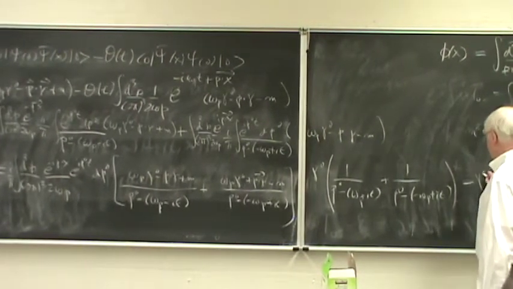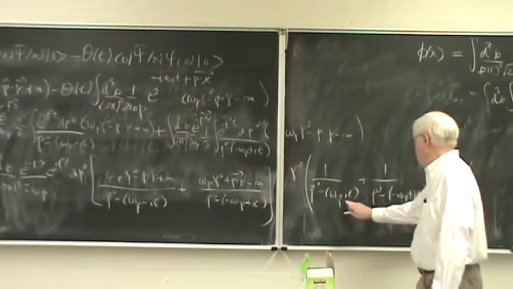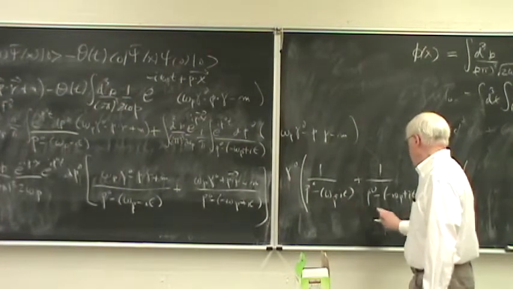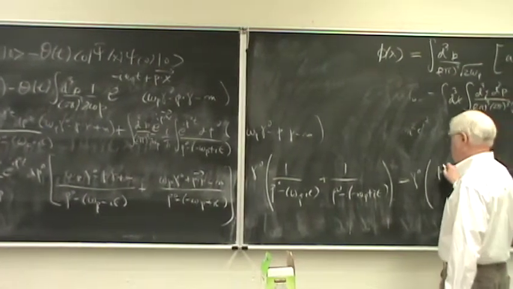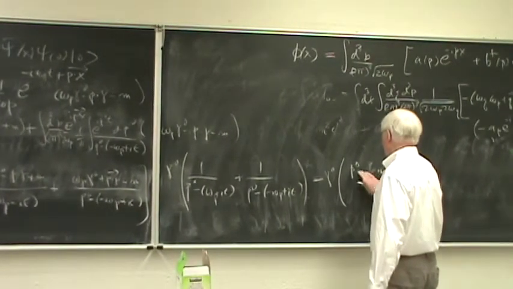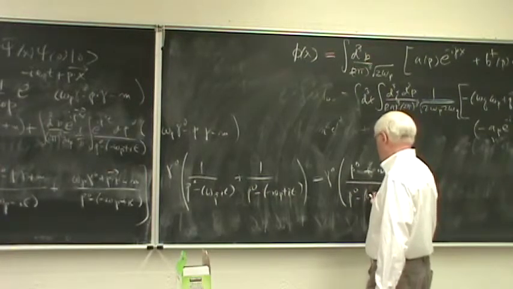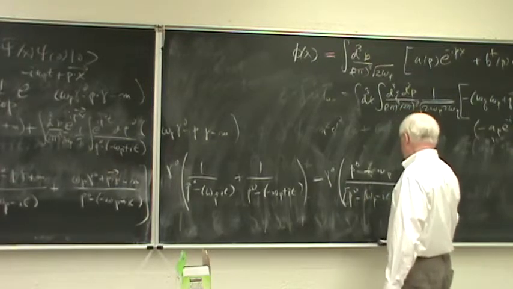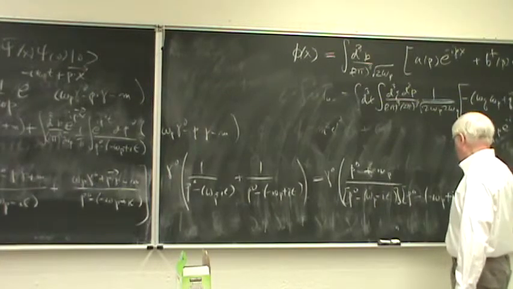And so this is γ⁰. Now, is this the complex conjugate of that? No, it's not. So instead, I'll just multiply through by p₀ minus ω_p. Well, so then it's p₀ plus ω_p. And then we have here p₀ minus ω_p minus iε times p₀ minus ω_p plus iε.